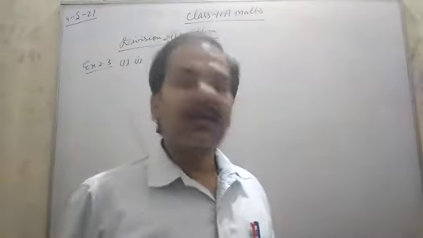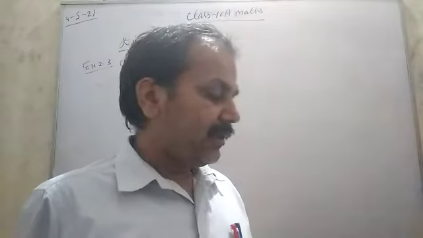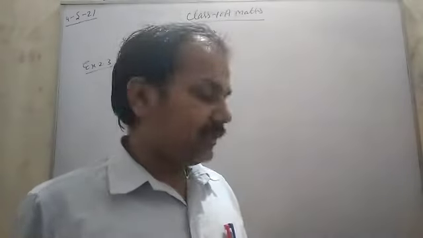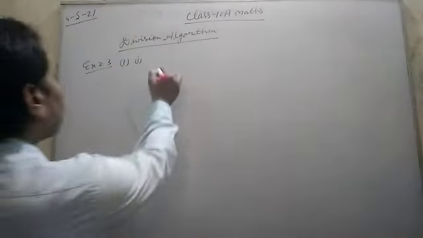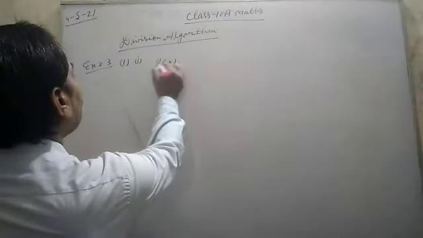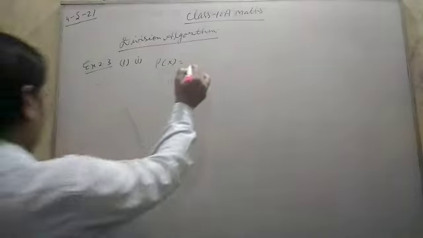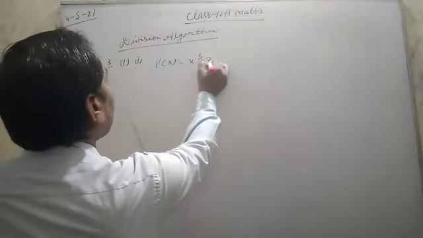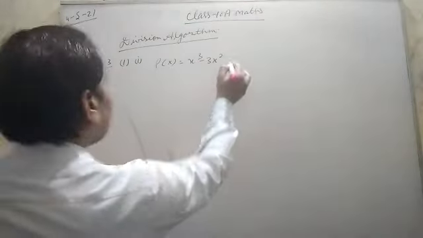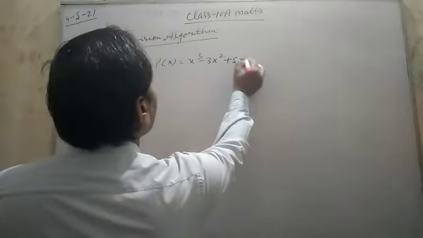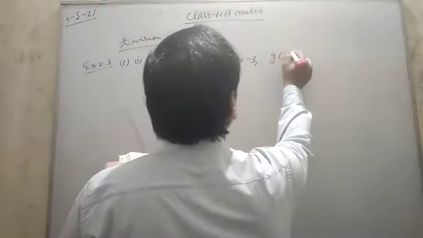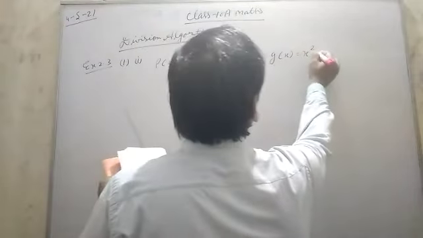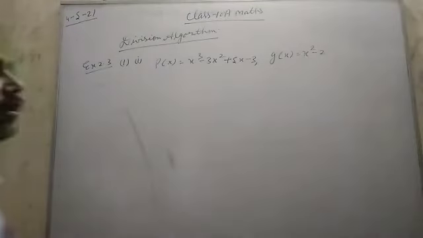Here we have to divide p(x) by g(x) and find the quotient and remainder. In the first part, p(x) is equal to x cube minus 3x square plus 5x minus 3, and g(x) is equal to x square minus 2. So divide it.